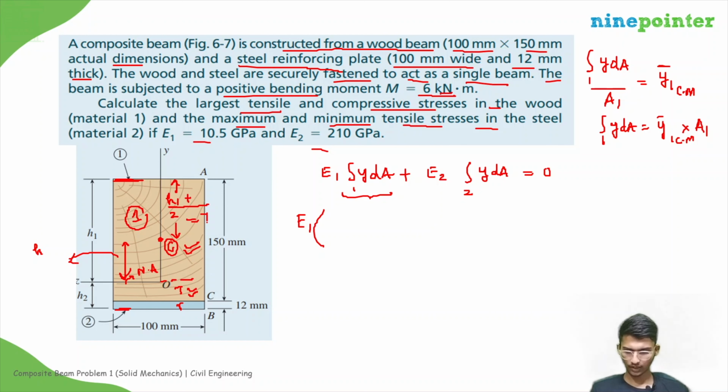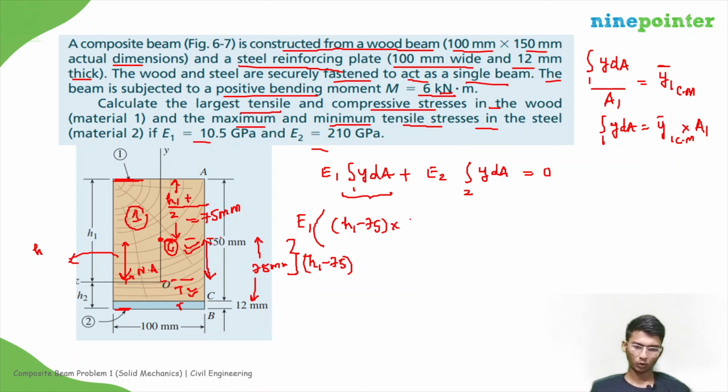So this will be 75, right? And this will be 75 mm. So this distance, how much will this distance be? So this is h. So this distance will be h1 minus 75. Do you agree? So it will be h1 minus 75 into area. Area is 150 into 100, right?